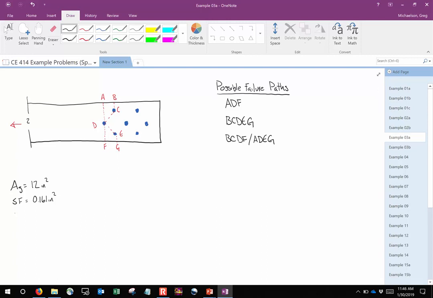So why don't we just say that the area of a given hole is 0.875 square inches. Is everybody okay with that? So in general, how do you compute a net area? You take a gross area minus the sum of your holes plus the sum of all your stagger factors.